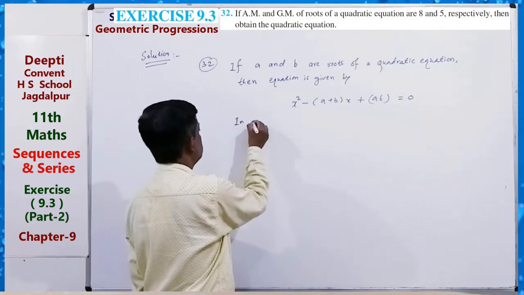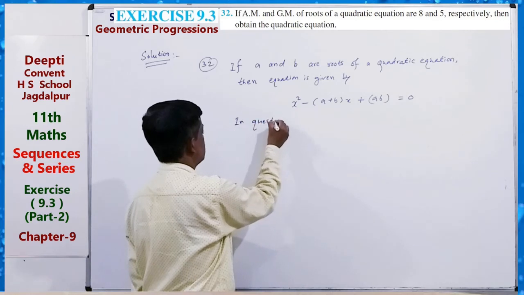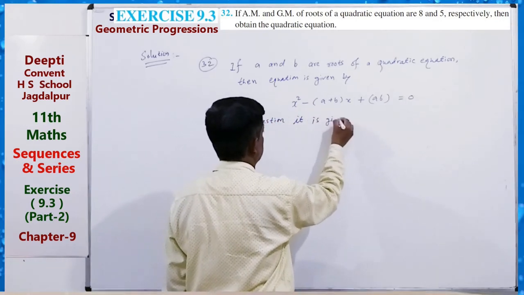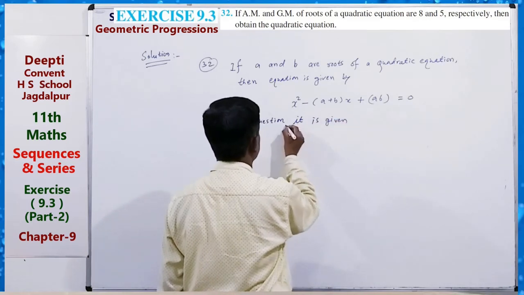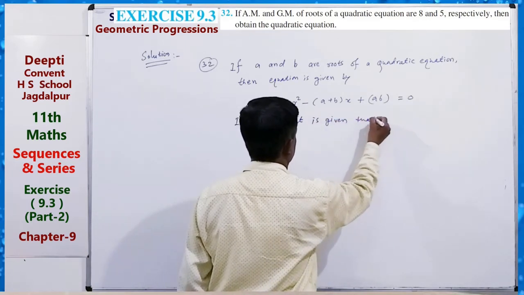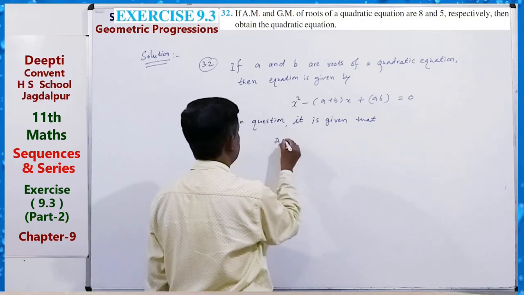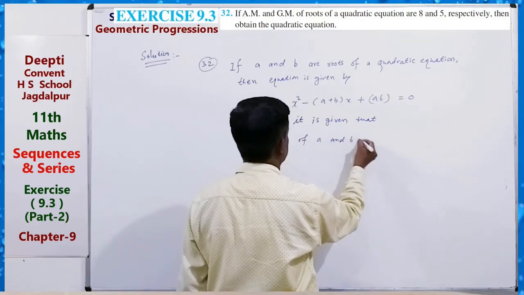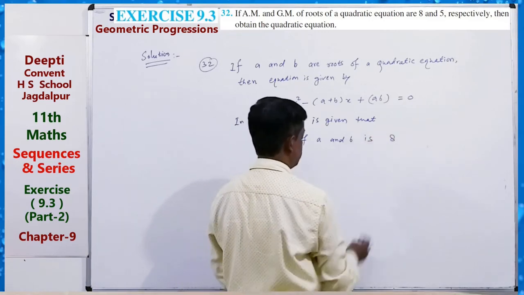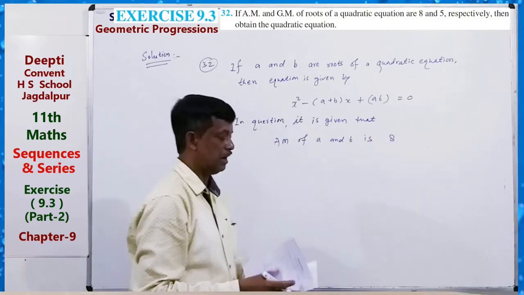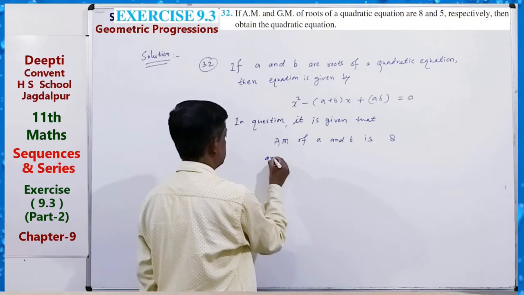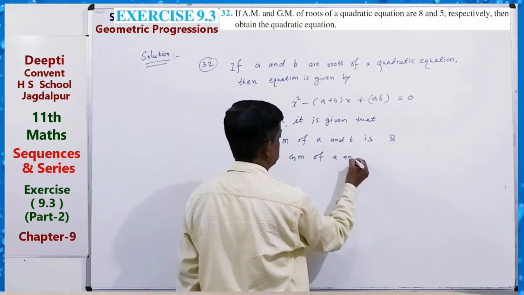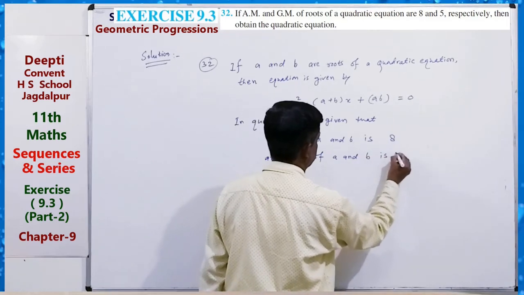In the question, it is given that AM of a and b is 8 and GM of a and b is 5.